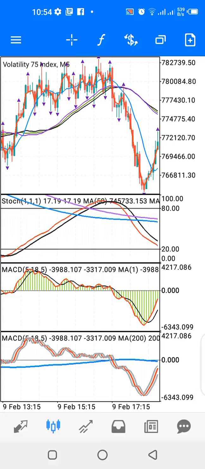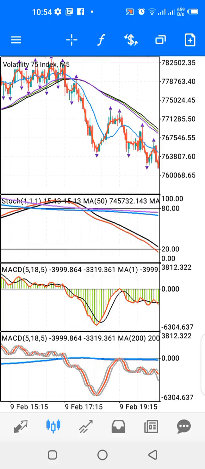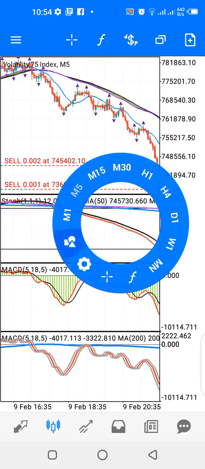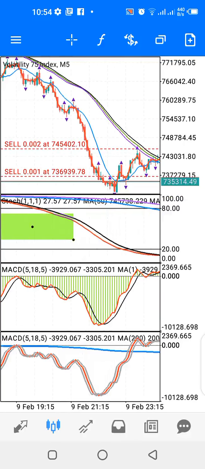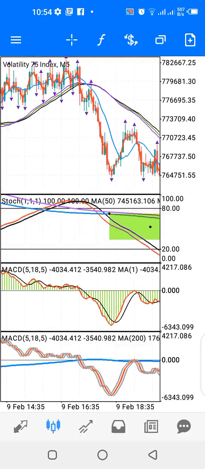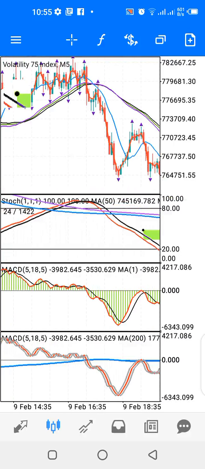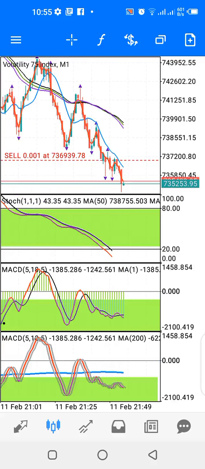Let's go to indicator window 1. This is indicator window 1.